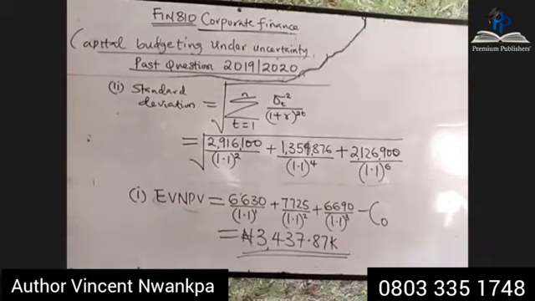So we have 2 million 916 100, bracket open, 1.1 raised to the power of minus 2, plus.